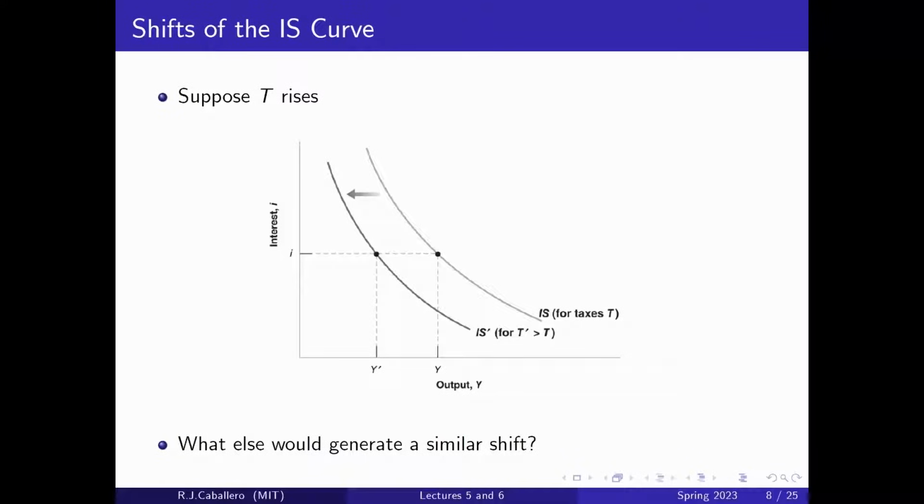In that case, we said, look, I can fix the interest rate, any interest rate you want. Let's pick this one, but I could have done it at an interest rate here, there, whatever. And now I say, what happens if I increase taxes? Well, again, from lecture 3 exactly what happens when the interest rate is constant, because there we didn't even talk about the interest rate. Nothing was a function of the interest rate. And you increase taxes.